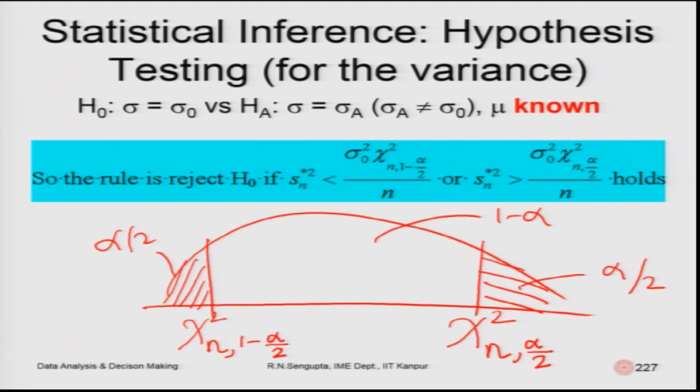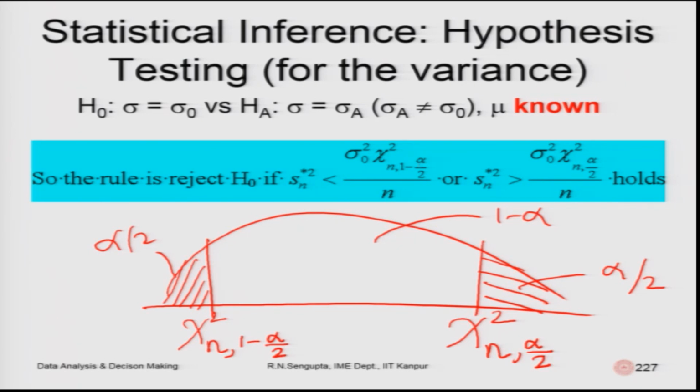So, if you note it down, this becomes clear. In this case you will reject H naught if S dash square, obviously dash is true because mu is known, is less than on the left hand side sigma square naught chi square n and 1 minus alpha by 2, which is what we have written. So, it corroborates the fact that the nomenclature and the way we are giving the rules absolutely match. There is no confusion.